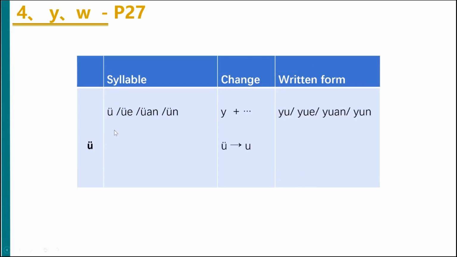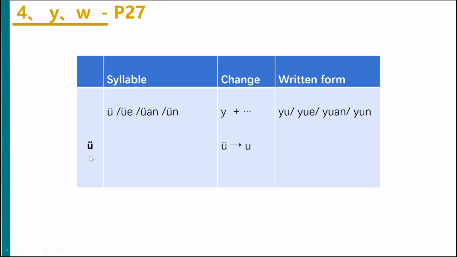Last one, yu, yue, yuan, yun. The change of it is to add y and remove the dots on its top. You can remember it as removing the dots, or you can remember it as changing ü into u. Both are okay because the change only exists in written form. How it sounds doesn't change.